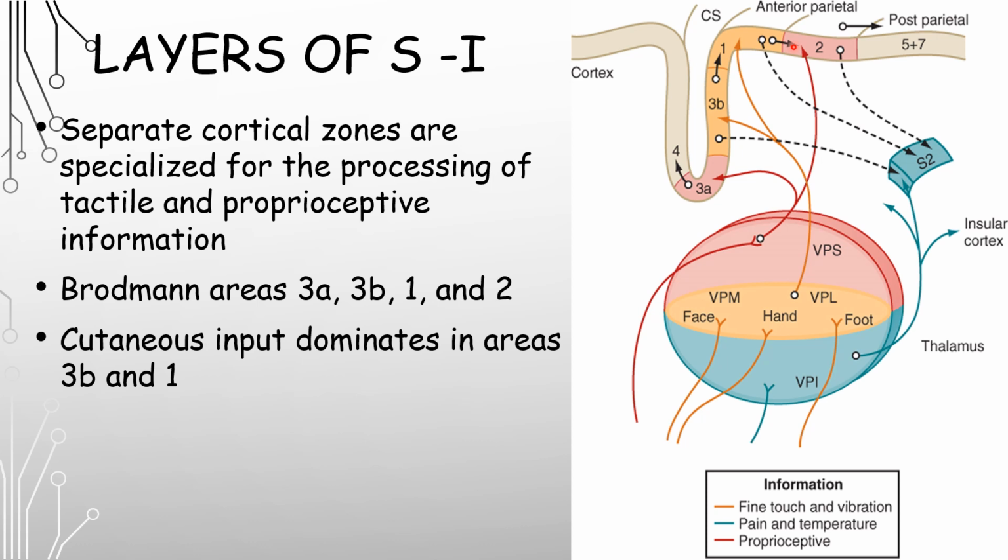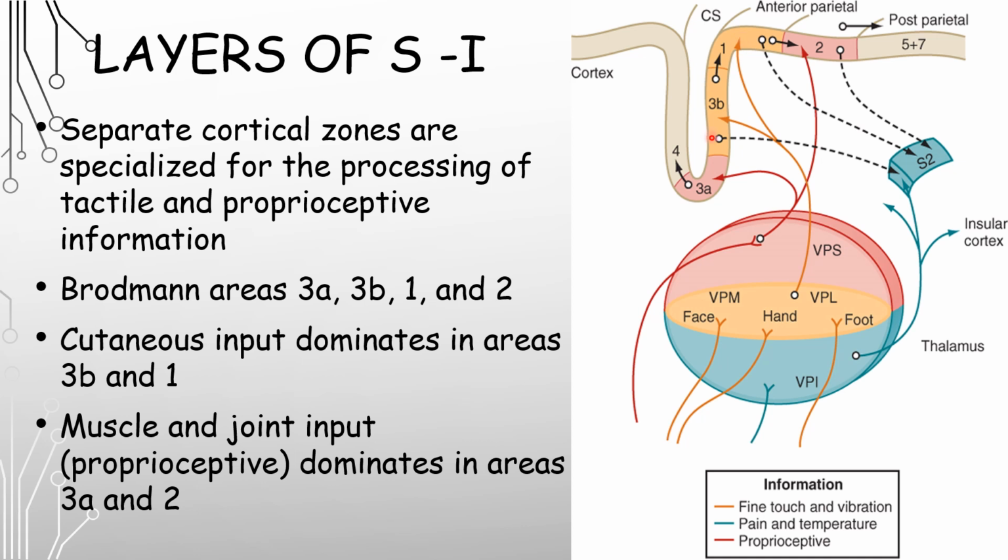Cutaneous input dominates in areas 3B and 1. Muscle and joint input dominates in areas 3A and 2. So these are for proprioceptive movements, and here it is the cutaneous input. Just remember this diagram.